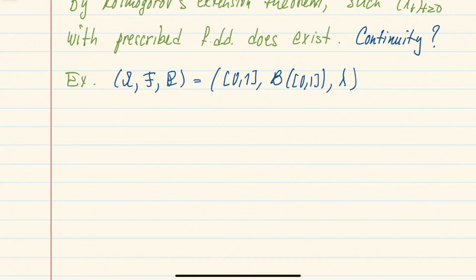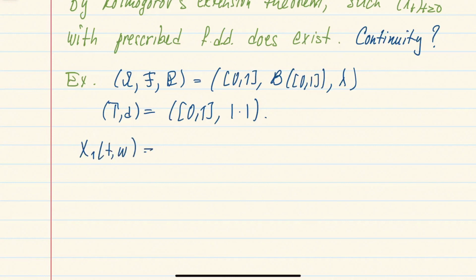And you can take the index set T to be also the interval [0, 1] with the Euclidean metric. And then you can define a process x1 to be just 0 everywhere, and you can define the process x2 to be the indicator that t is equal to omega.